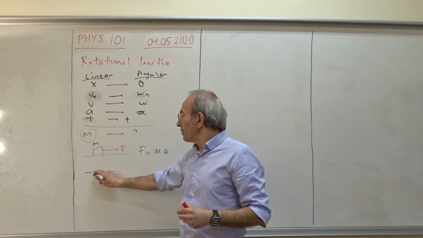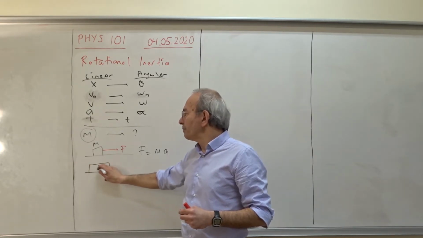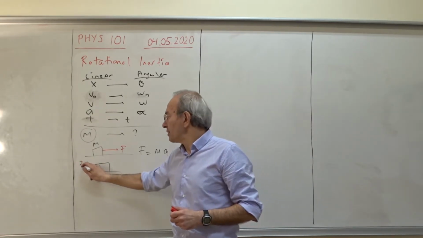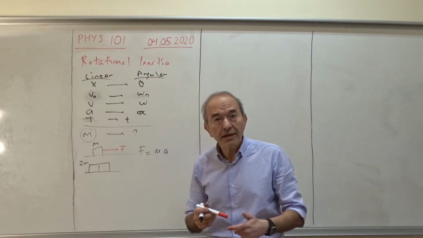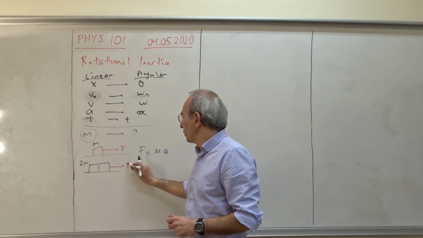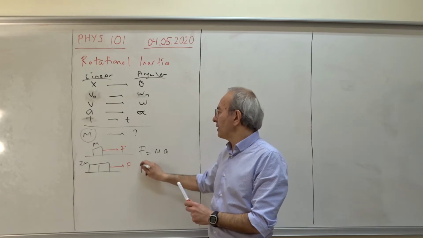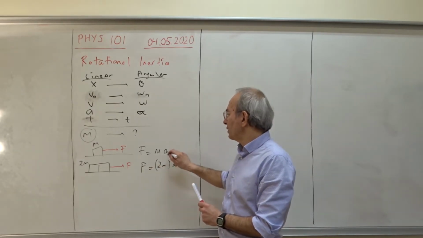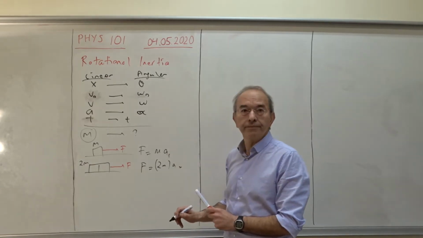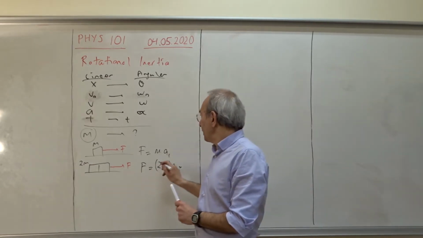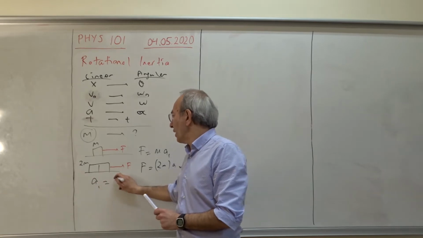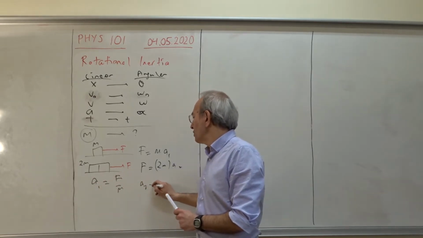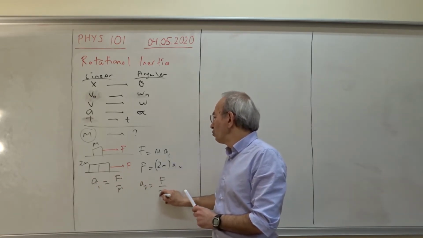But if, for example, the mass is twice the previous one, so let's say its mass is now 2m, and you apply the same force as before, the corresponding acceleration, instead of m, now has 2m. Let's say this is a1, this is a2. So obviously a1 is equal to f over m, and a2 is equal to f over 2m.